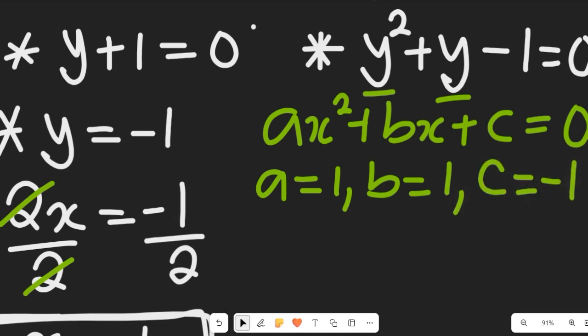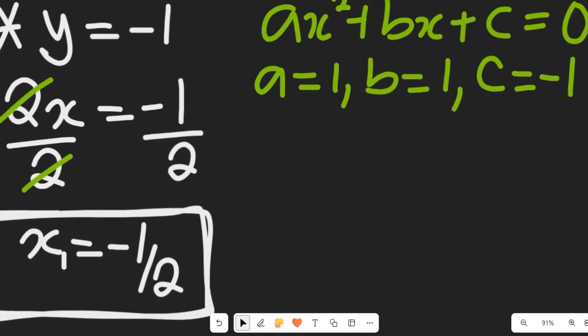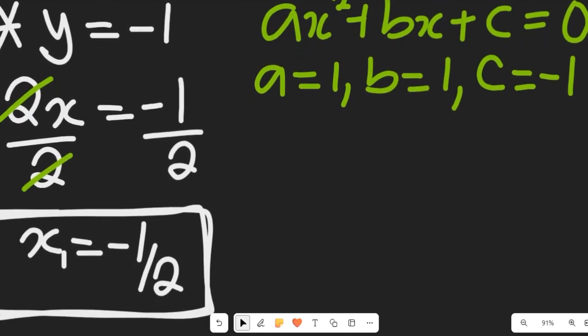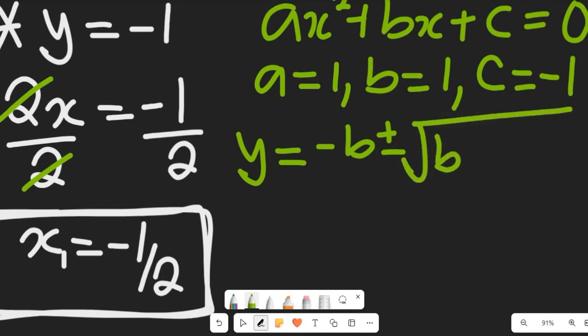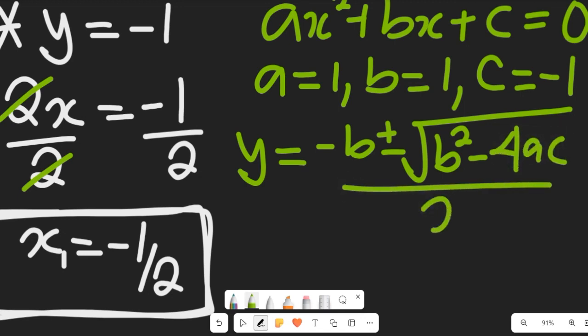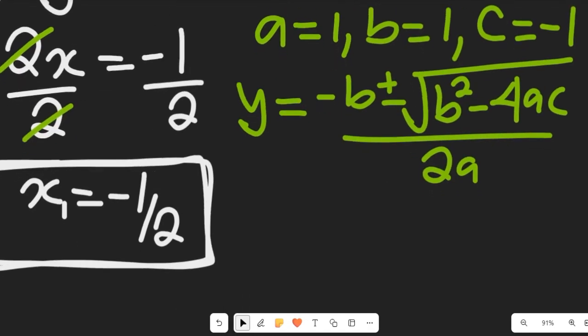So using the quadratic formula, we can find the values of y. From the quadratic formula, we'll have y equal to negative b plus or minus square root of b squared minus 4ac, all divided by 2a. So if we insert the values of a, b, and c into that quadratic formula, we should be able to have the value of y.